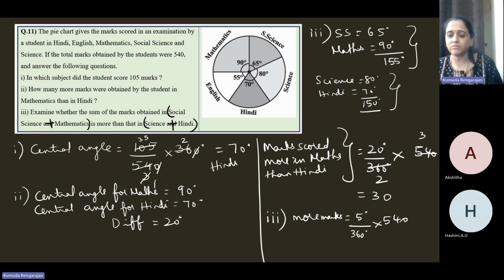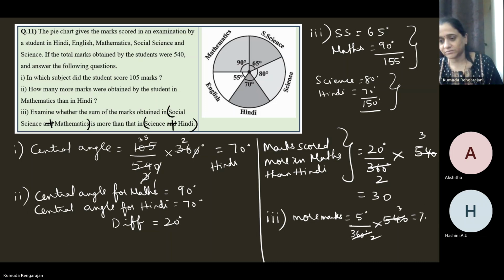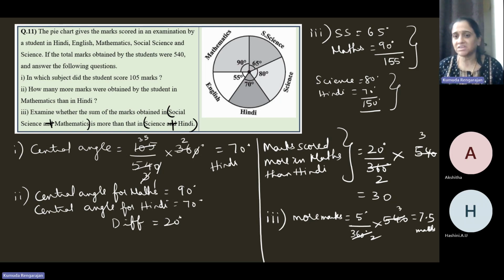So 182 times 183 times, 15 marks, divided by 2, 7.5 marks. How much more marks for the third one? 7.5 marks more in social science and maths when compared to science and Hindi.